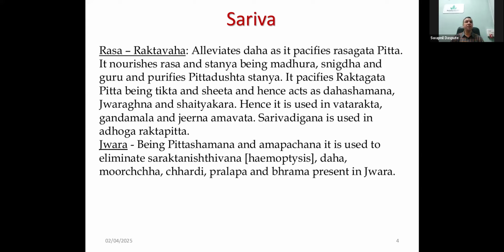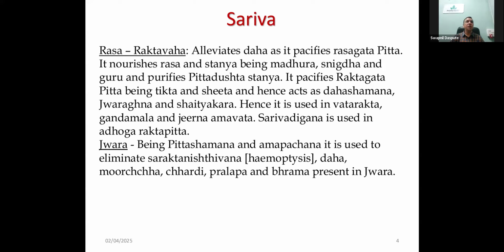The lymph nodes get swollen in such a way that they appear like a garland or a necklace. And Jirna Amavata is chronic Amavata. Hence it is used in Vatarakta, Gandamala and Jirna Amavata.